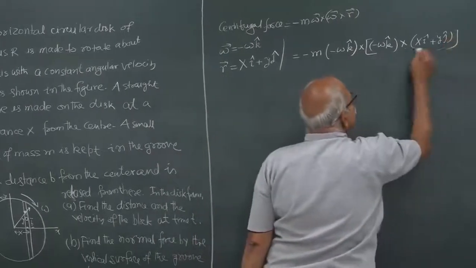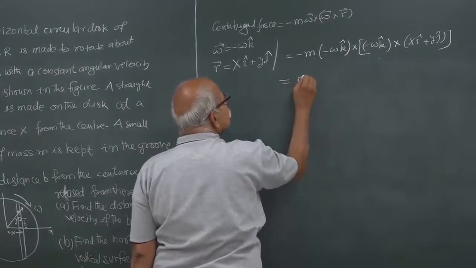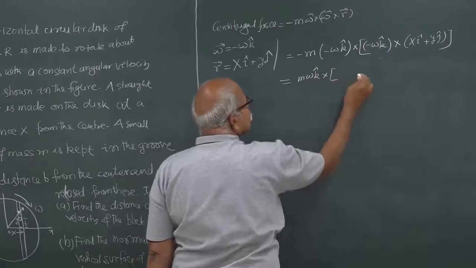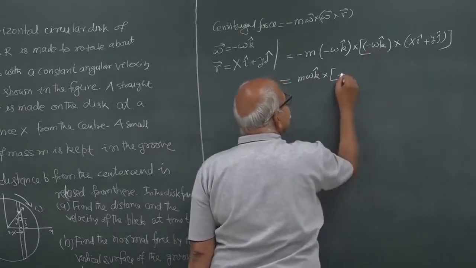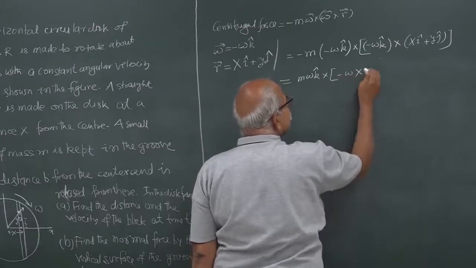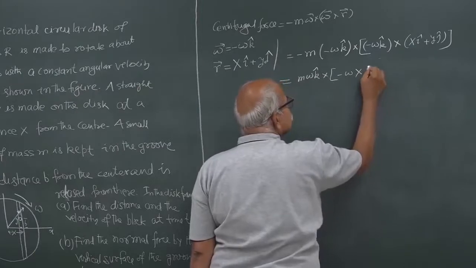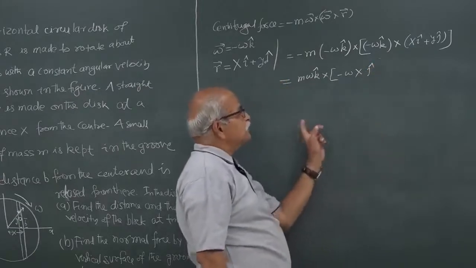And then you first evaluate this. This is m omega k cap cross, now here this is minus omega x. So, minus omega capital X, k cap cross i cap will be j cap. So, it is i j k, so k cross i will be j.